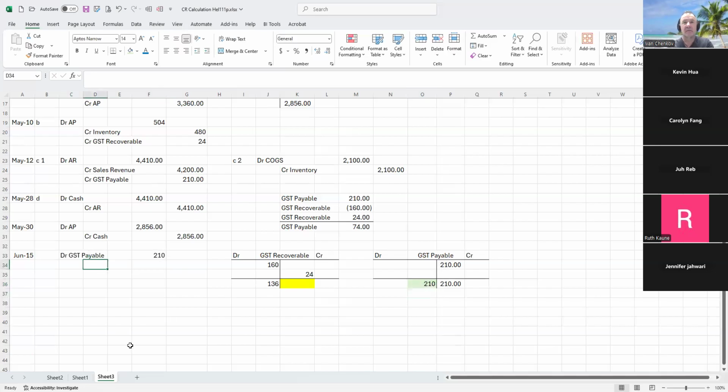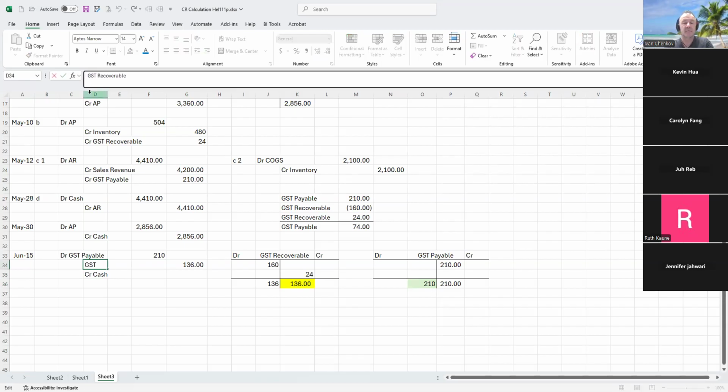Then we're going to get rid of the GST recoverable, which is equal to the amount that we have to put here, exactly the same, 136. And the difference we have to pay, cash. That will be a credit to cash. We have to put a credit here.